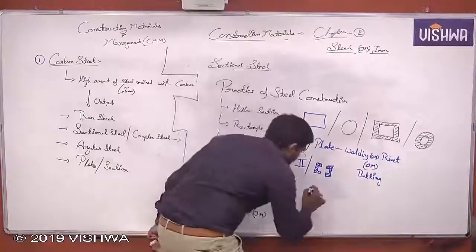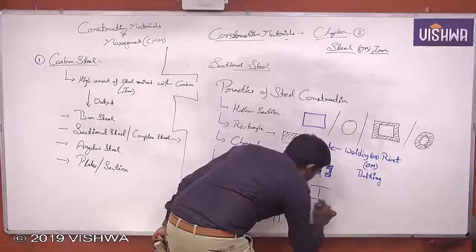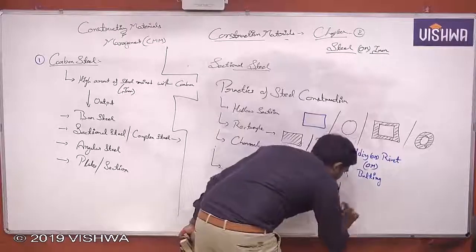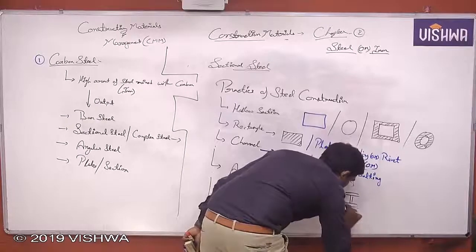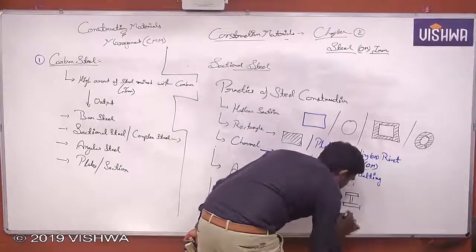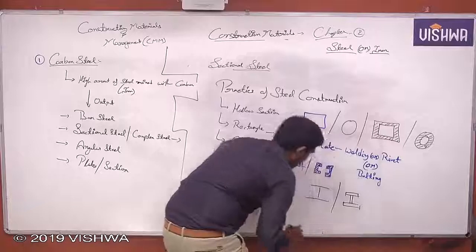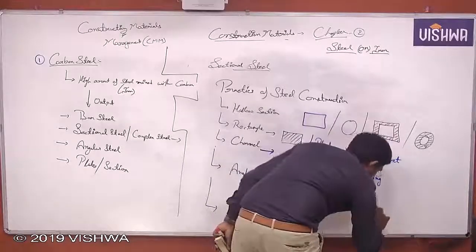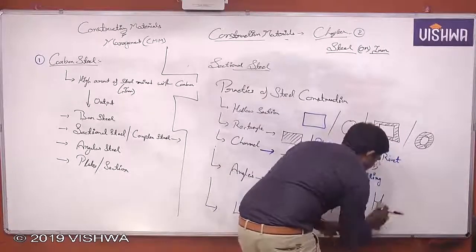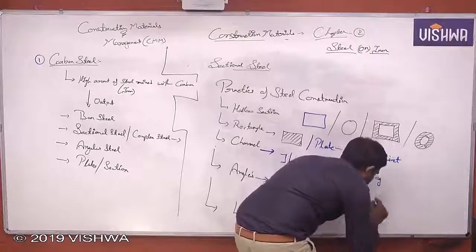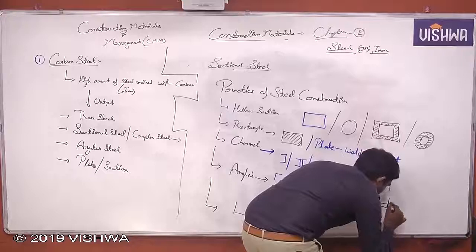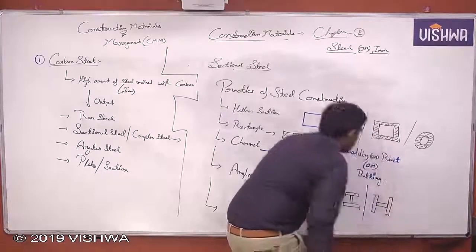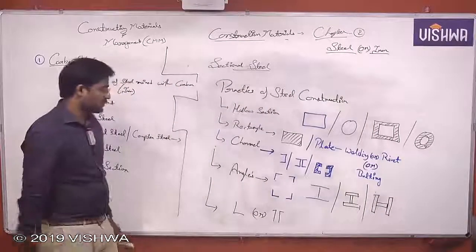And if you are going with respect to sections, we have I or H shape, depending upon the I, or depending upon the H, depending upon the sources that are available.